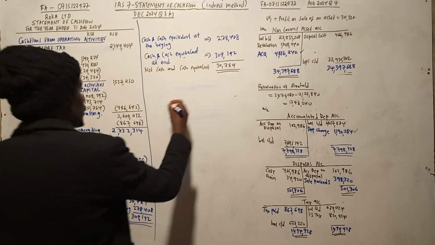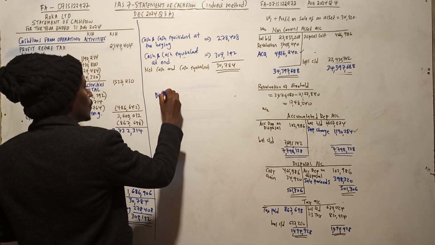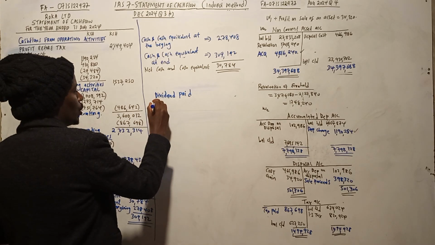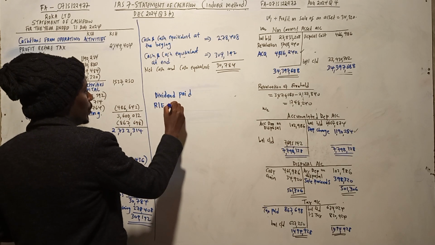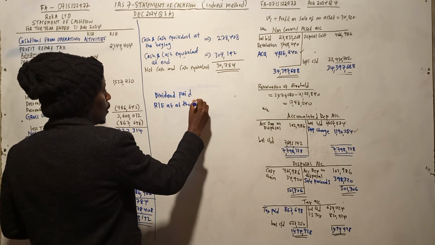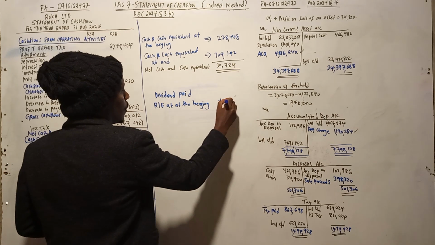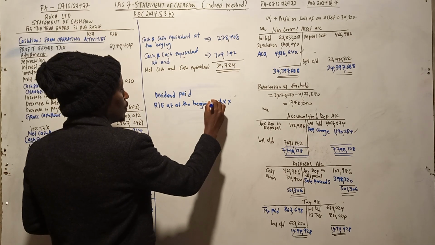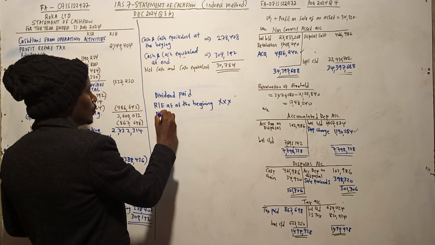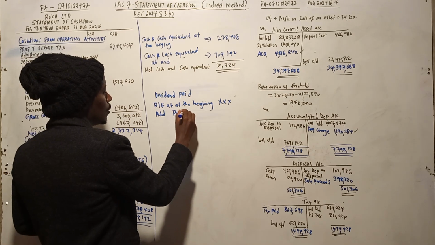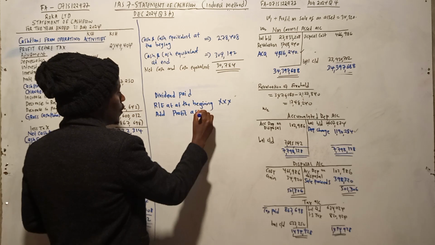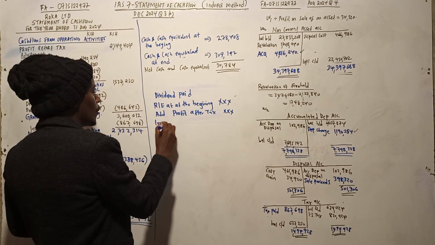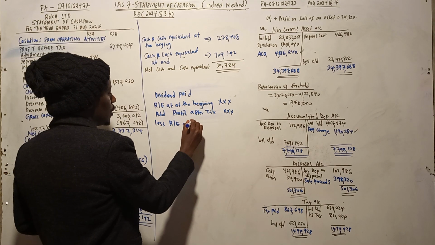This is how you get the dividend paid. Dividend paid is equal to the retained earnings at the beginning, then you add profit after tax, then you less retained earnings at the end.